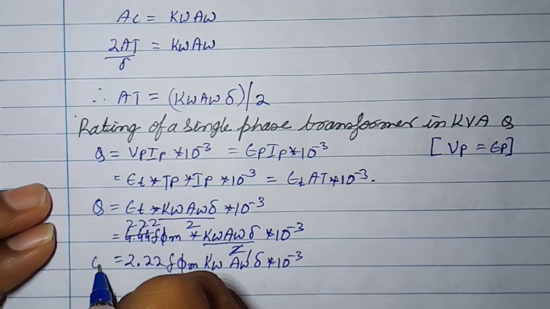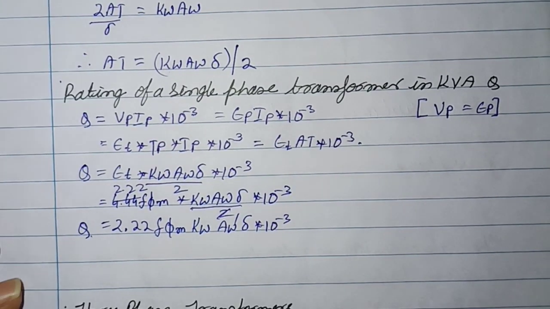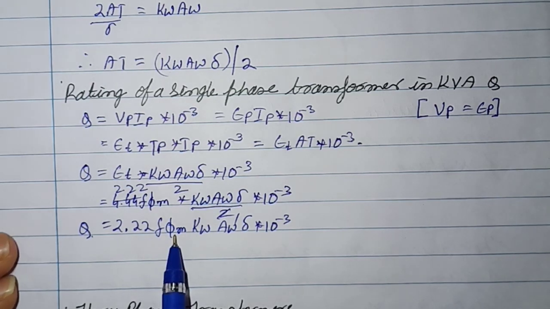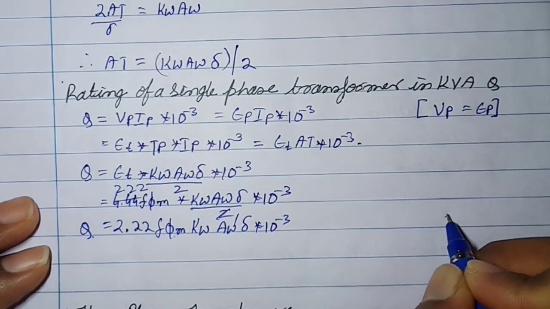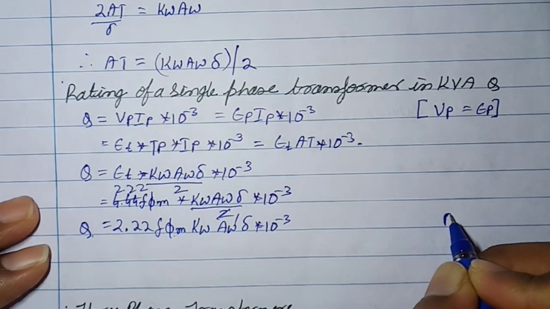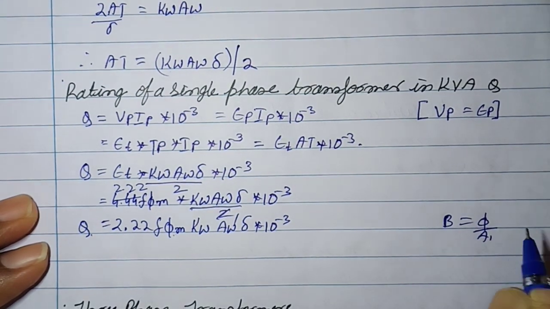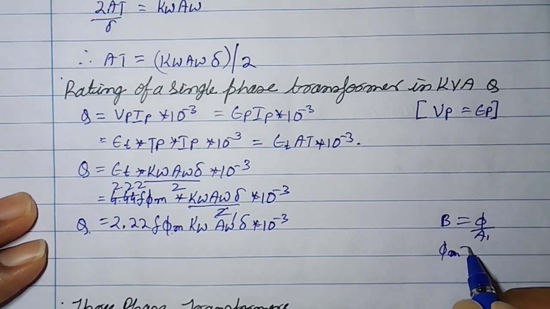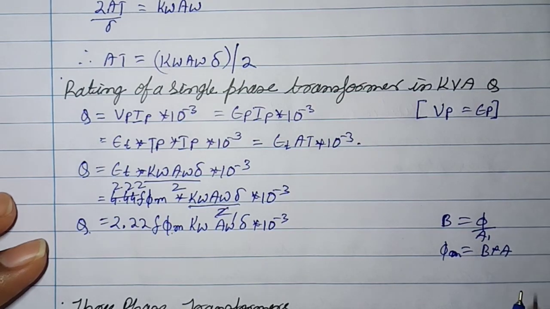So this is Q. One thing next we can do is equate the value for phi m. We have the basic equation, density is flux per area. So flux will be, as a normal flux, B into A, so that we will be substituting here.